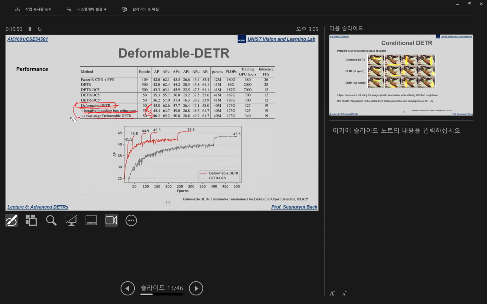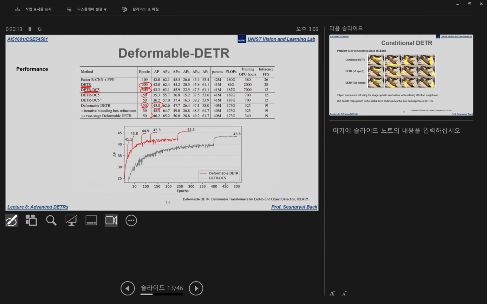And also, compared to the original DETR, they require 10 times more epochs than the deformable DETR, which only takes 50 epochs. But still, deformable DETR gets better performance than DETR.